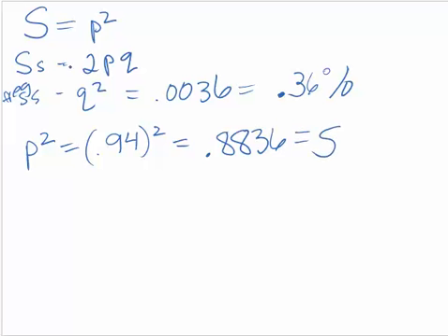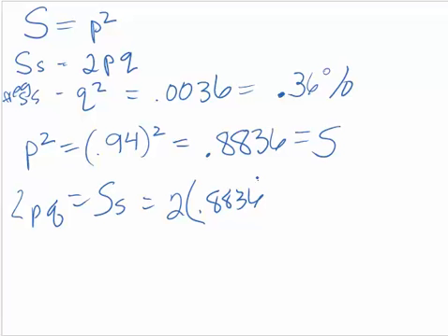Then lastly, we have to figure out 2PQ, which is the same as big S little s. So we multiply 2 times P, what was P? P was 0.94, wasn't it?